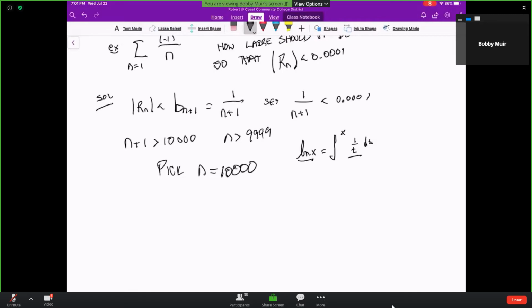Okay, so what I want to do is maybe try to figure out what that sum is. So that would be like ln of x equals the limit of the integral from 1 to x of 1 over t.